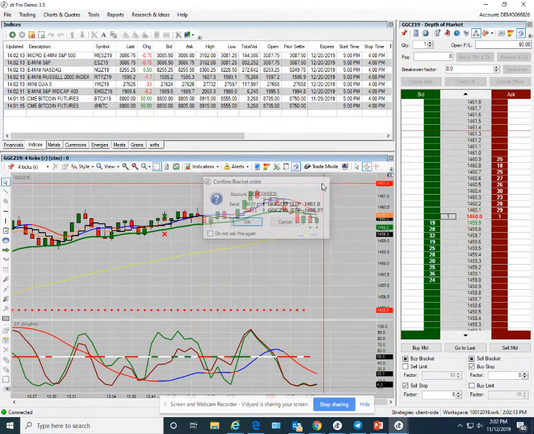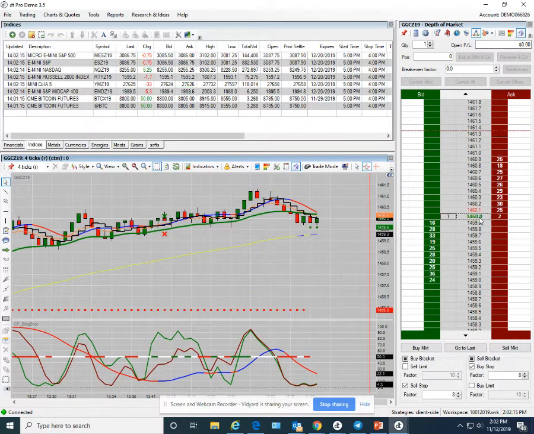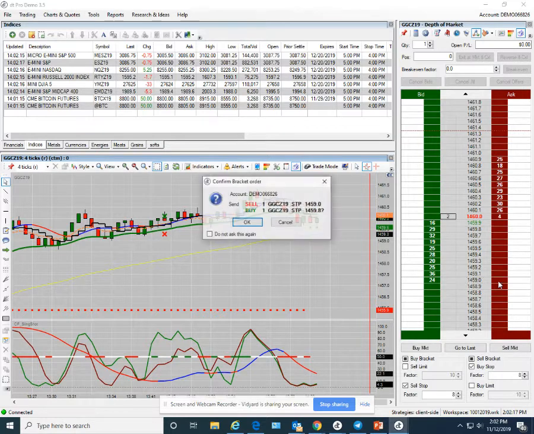And then conversely, if we're at 1460 even, and we think, hey, if that market really breaks down to 1459, that is below the current market price. If the market trades down to 1459, your stop becomes a market order, and your stop price is not guaranteed. You're just taking the best price available.